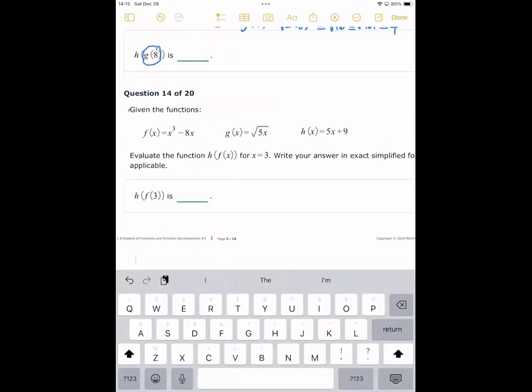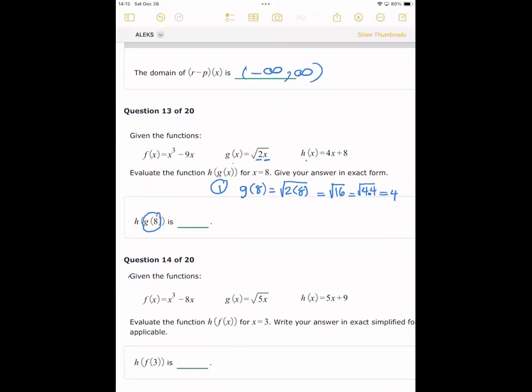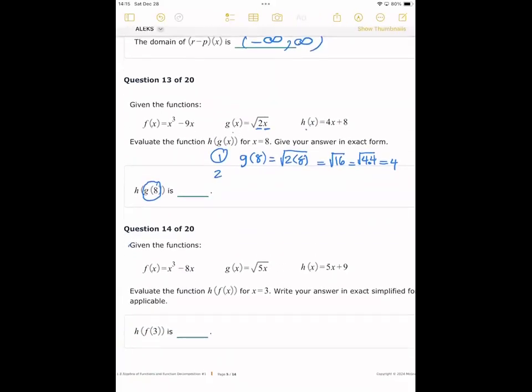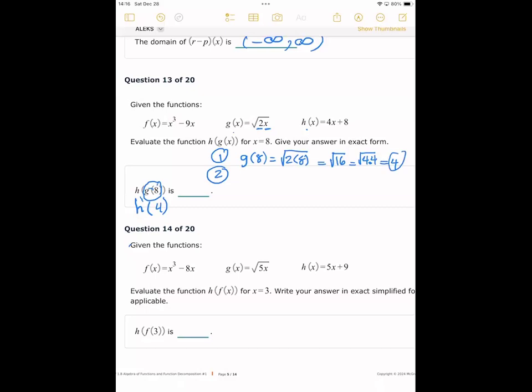Then you have to do the second step. Step number 2 is you find h of, instead of g of 8, I have 4. So now you want to find h of 4. So this g of 8 itself is 4. So now you go and find h of 4. So go to function h and change x to 4.